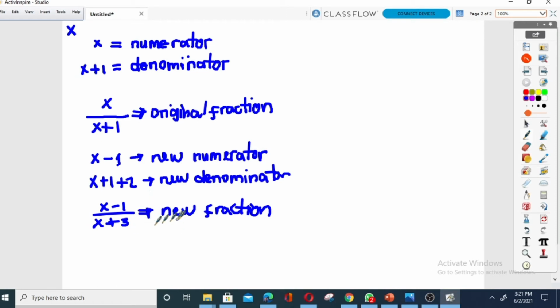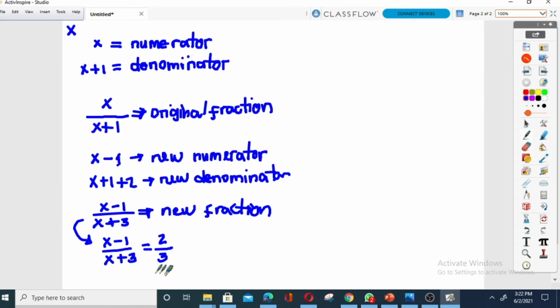So the new fraction now becomes x minus 1 over x plus 3 is equal to 2/3.